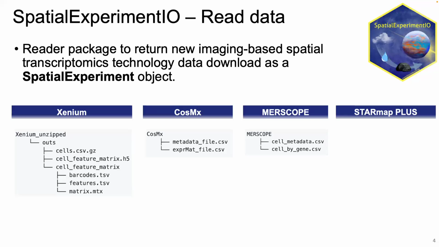So first, to introduce SpatialExperimentIO, I do acknowledge that there are the MoleculeExperiment and SpatialFeatureExperiment packages for this kind of reading and access. But here we want a minimal data structure that can basically just take the count matrix and the spatial coordinates.